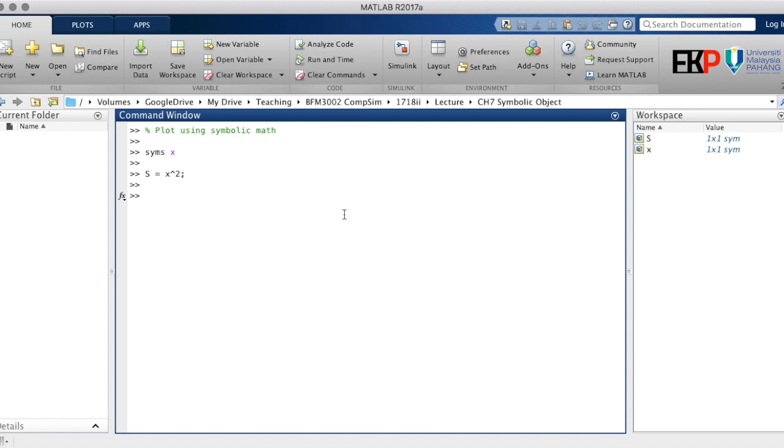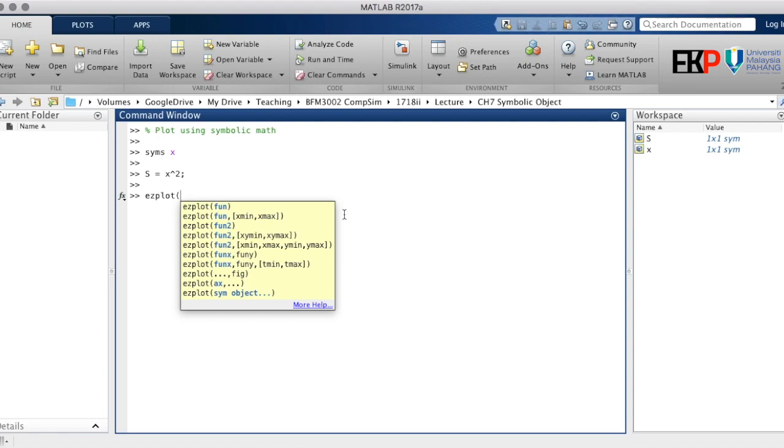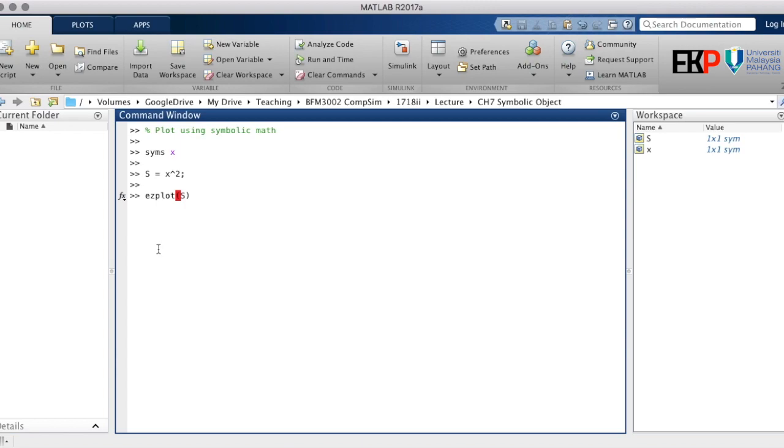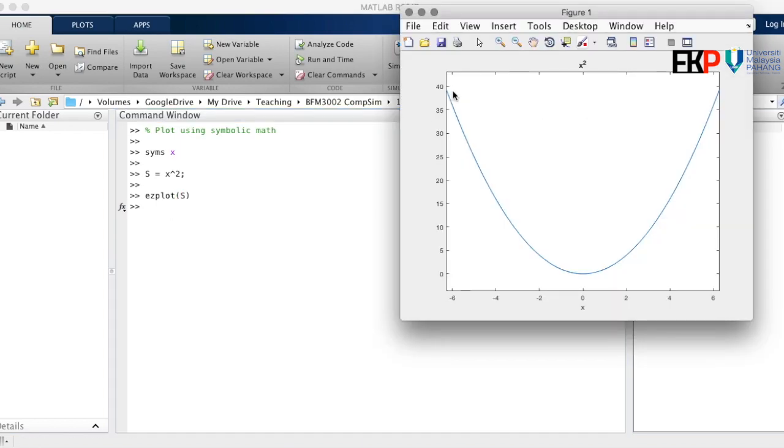We use the command ezplot instead of the normal plot command. So ezplot, you see the hint given by MATLAB is ezplot, and in the bracket we need to input the function. So in this case our function is s. So if we do ezplot s, we press enter, we get the plot of x squared.